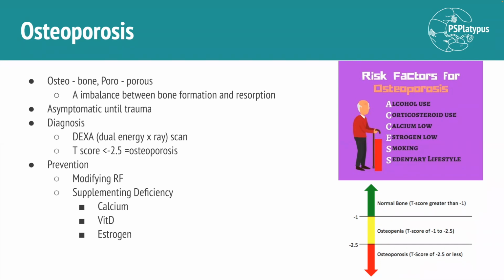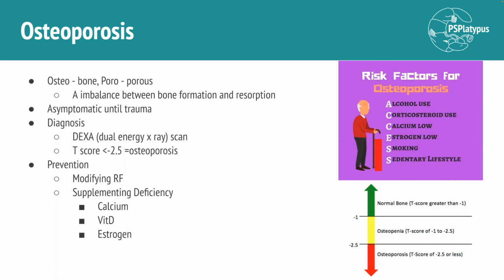Osteoporosis is a condition that is mostly asymptomatic until a trauma occurs, which causes a small trauma like a fall to become a major trauma, as it results in multiple bone fractures and fragmentation due to poor bone health and weakened structures of the bone matrix.